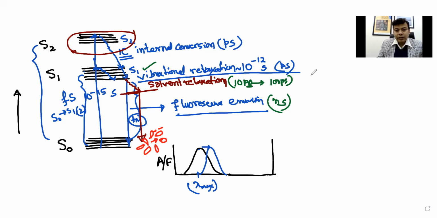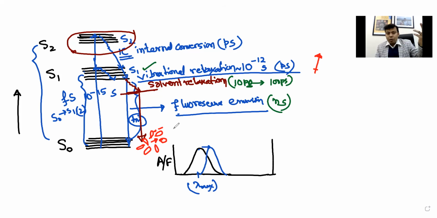But upon excitation, you've created an instantaneous dipole moment, which is much more, first of all, or no dipole to high dipole moment. And the solvent molecules have not moved around, because the Franck-Condon principle already says that nothing moves around except electronic excitation.